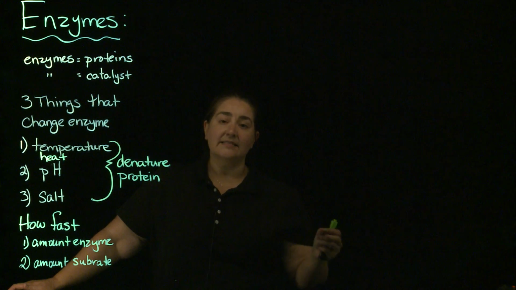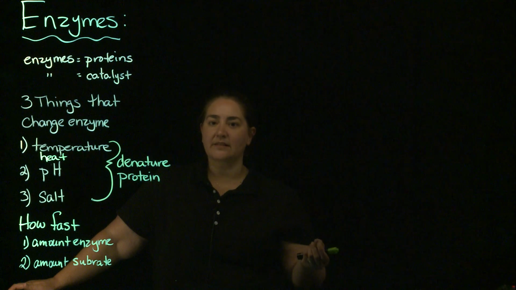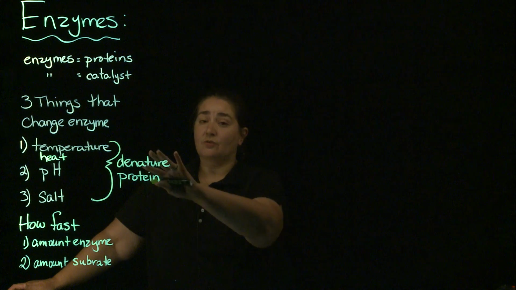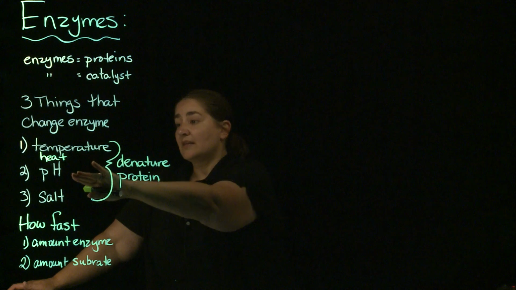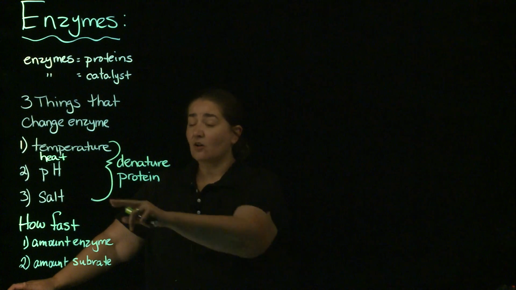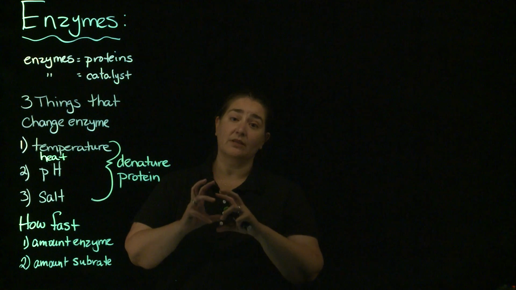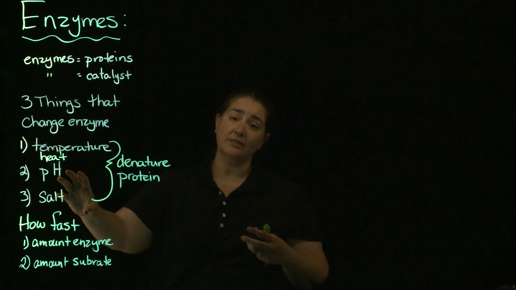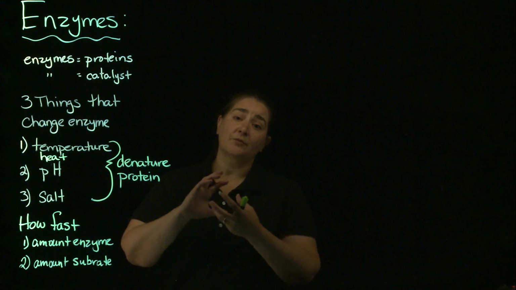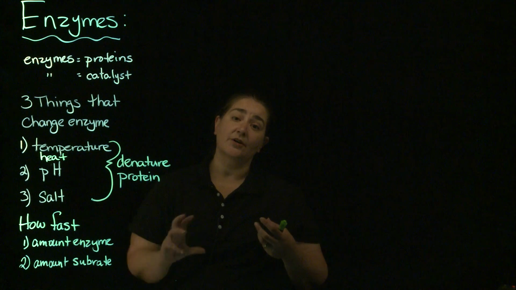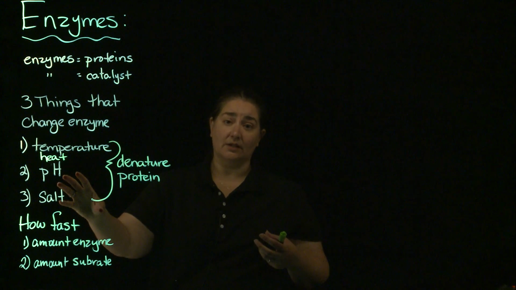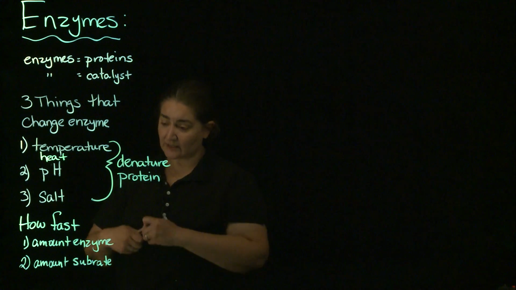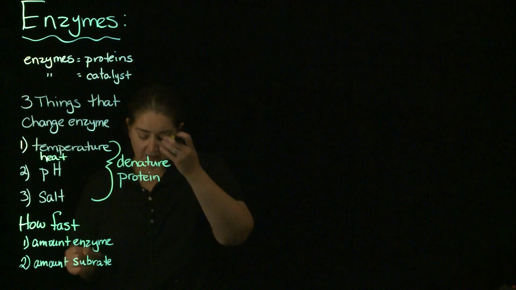Heat tends to denature the protein, and that essentially cuts off all of that chemical reaction because you don't have the protein there, okay? pH, whether it's acid or base, and salt also interfere with the three-dimensional shape of the protein, so they denature it by interfering with the hydrogen bonding that's holding the secondary and tertiary structure of that protein together, okay? So those are some things that impact how enzymes work.